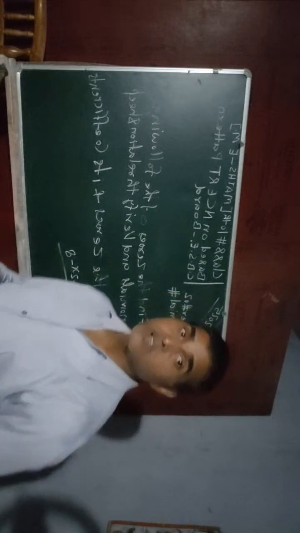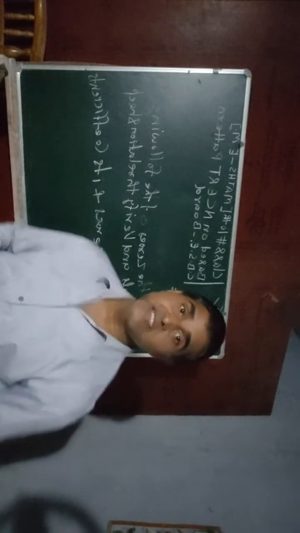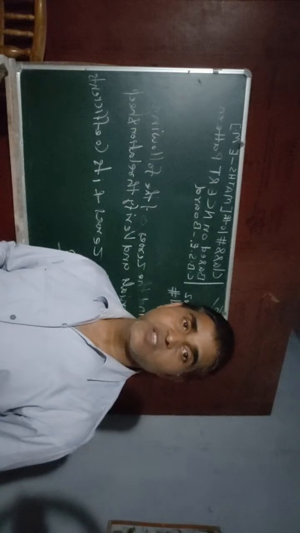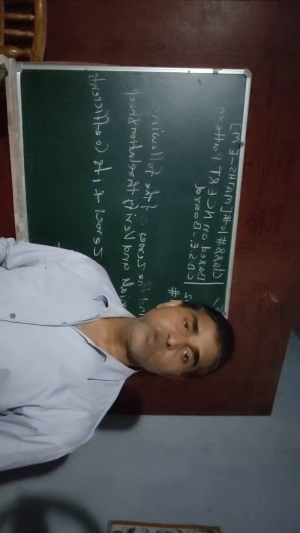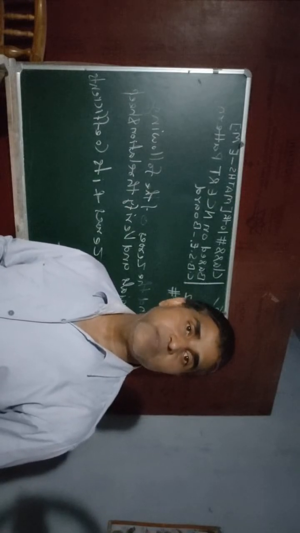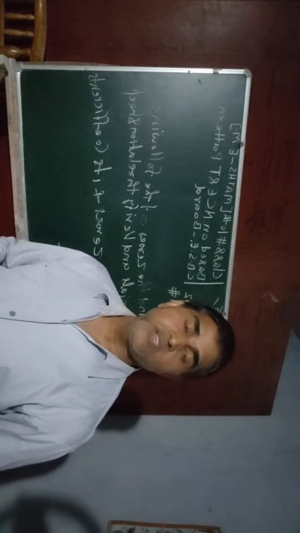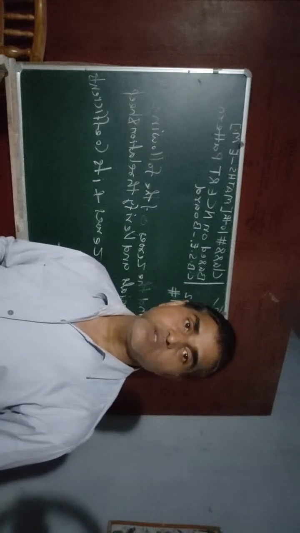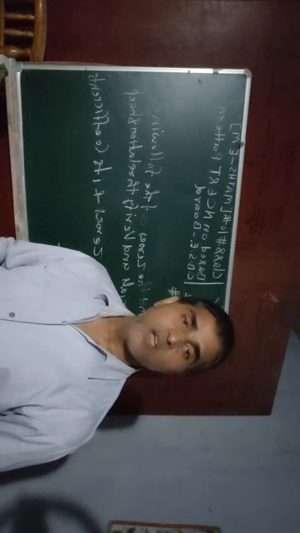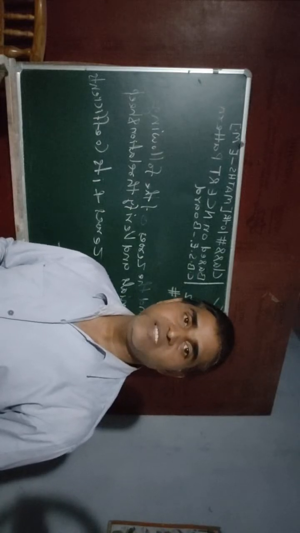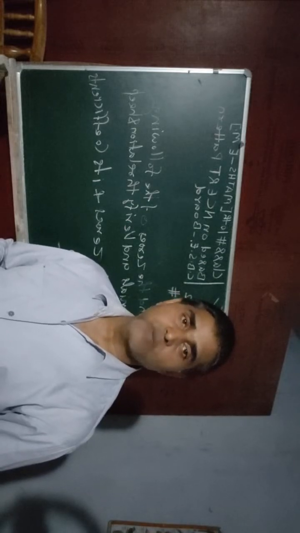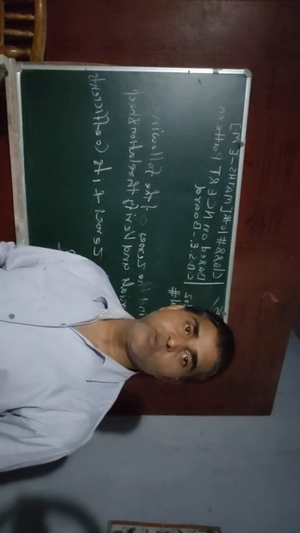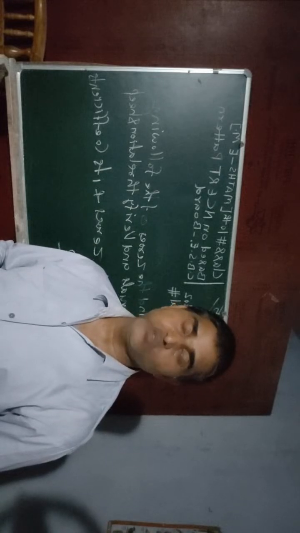In this question it is written that if any polynomial is there, you have to find its zero values, and after finding the zero values, you also have to verify the relationship between zeros and its coefficient. First of all, I will assume the given polynomial is a function in the form of x or t.